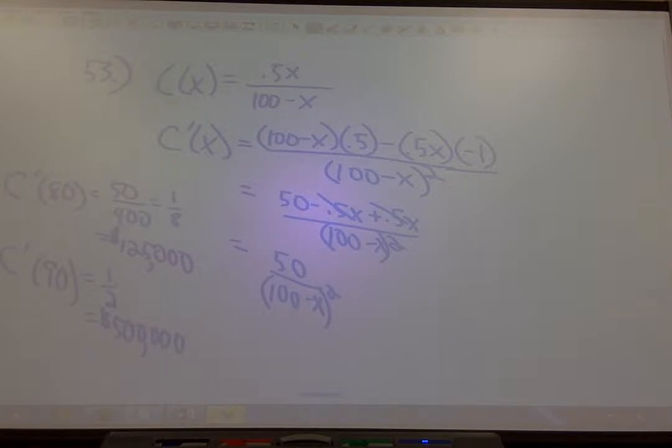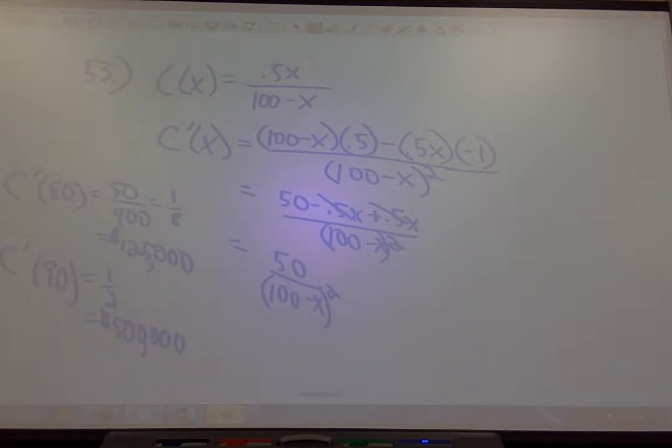I could never put in 100 because I would get an undefined expression. But if I put in 99, that's going to be $50 million. Here's Flint's answer. That's why they're drinking lead, right? That's how it started.